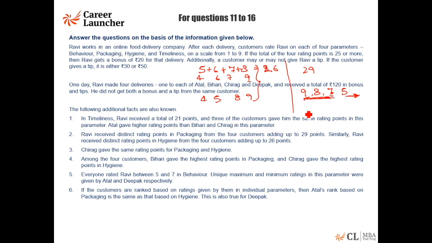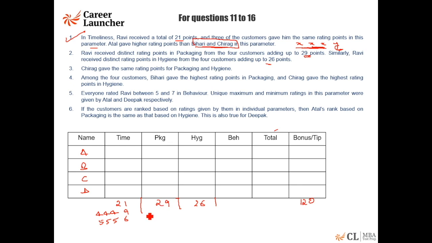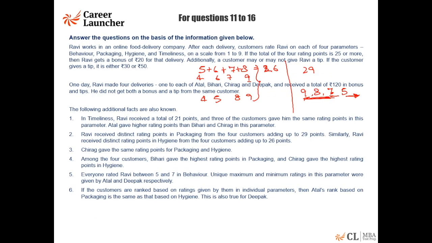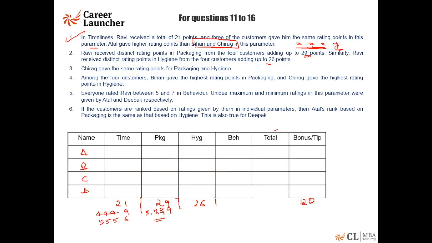Similarly, can this 7 become 6? If the 7 becomes 6, 8 or 9 will have to increase, which is not possible. So there's only one case possible, 9, 8, 7, 5. So this is 5, 7, 8 and 9. 4 cases possible. These are the 4 rating points. And as far as 26 is concerned, multiple possibilities. So we'll just hold on with it for some time.